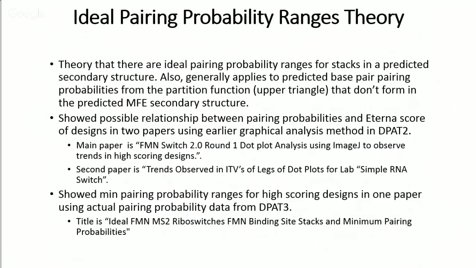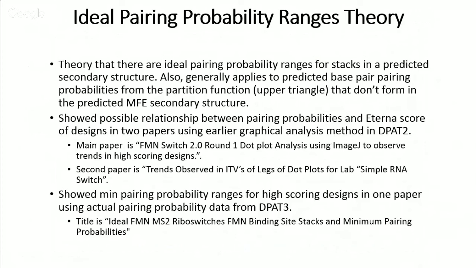It also generally applies to predicted base pair pairing probabilities from the partition function, or the upper triangle, that don't form in these predicted MFE secondary structures. So this theory says there are ideal pairing probability ranges in required stacks for the secondary structure, but also ideal ranges of pairing probability predictions for pairs that don't exist in the secondary structure but are shown in the upper triangle.